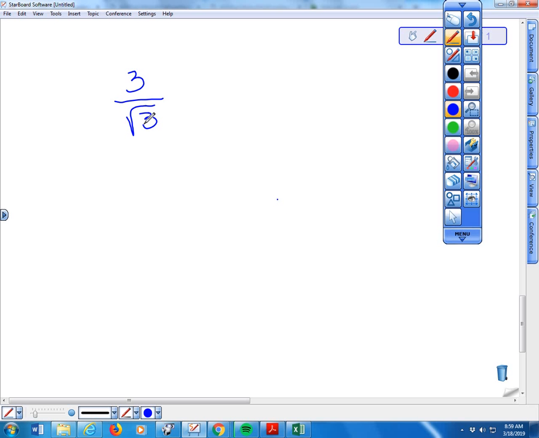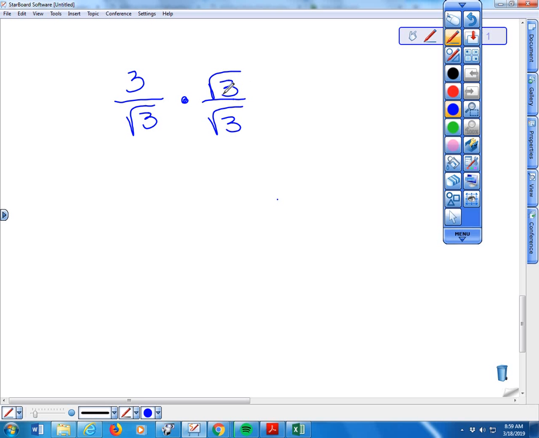If I wanted to add this, I can't do it when I've got a root on the bottom. I need to have an integer on the bottom. So we want to rationalize the denominator so we have an integer on the bottom and not a root. When we did this with square roots, we multiplied top and bottom by that root.